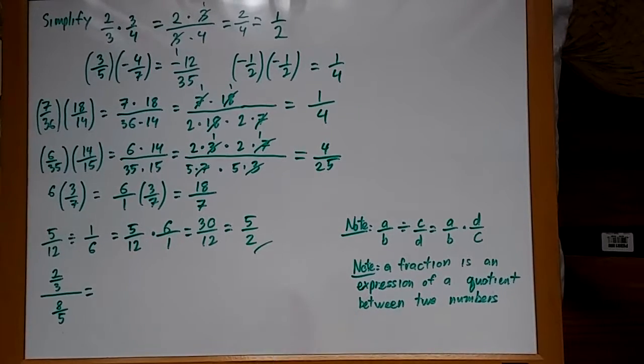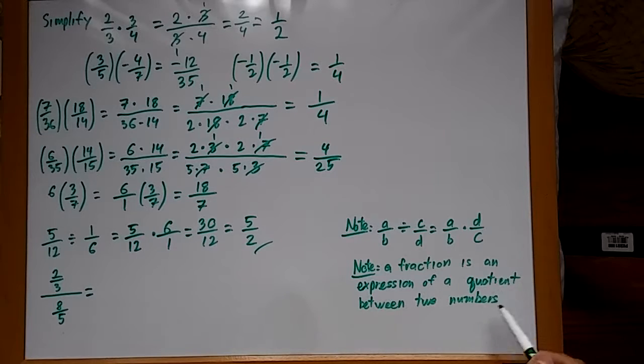And that's our answer. And for our final problem, we have this weird looking expression here. 2/3 is the number on top, and the fraction with the denominator of 8 over 5. So I want you to understand what a fraction is. Note here, a fraction is an expression of a quotient between two numbers.